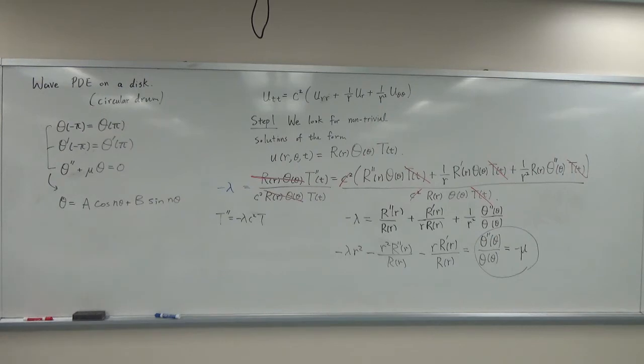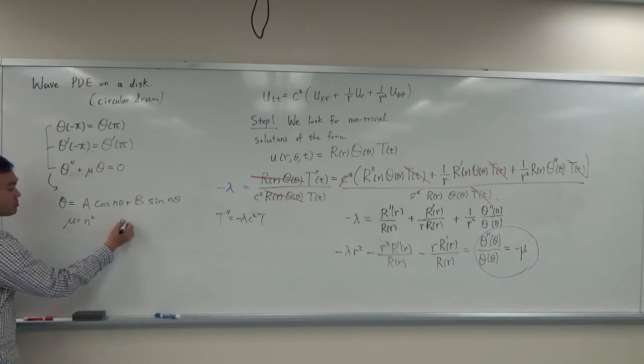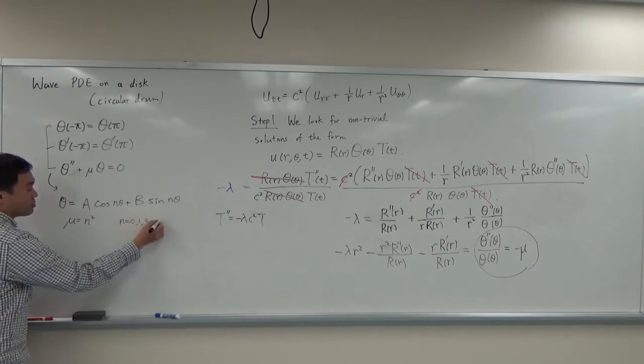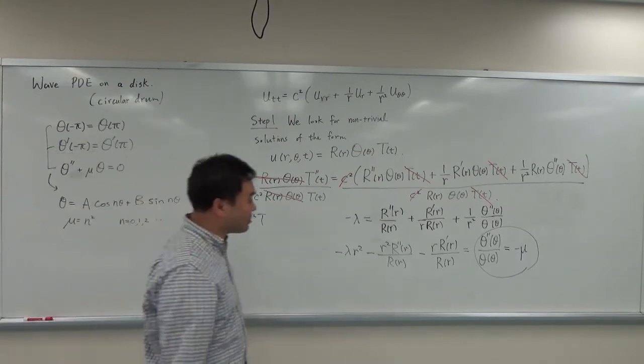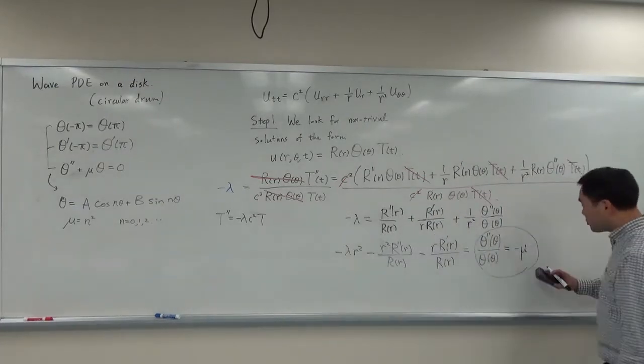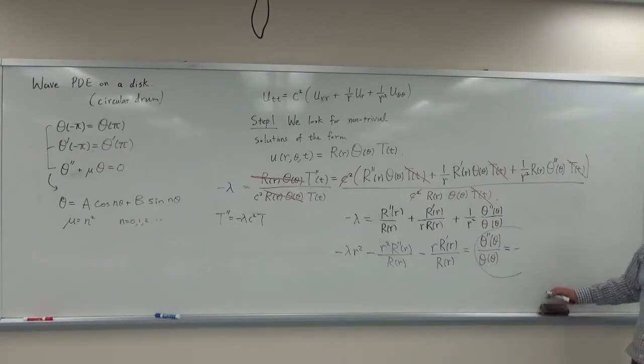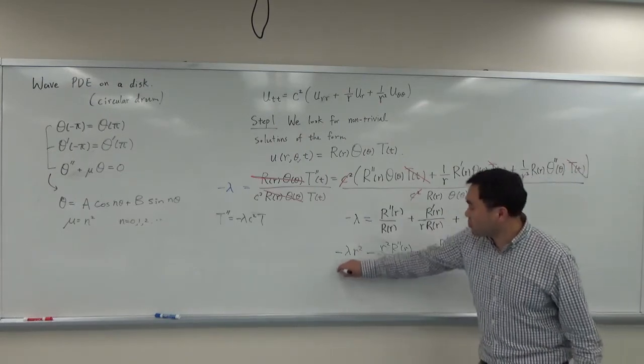So that's the solution with mu now being n squared, with n from 0, 1, 2, 3. So is that good? Right, it's the same exact thing as the Laplace one. So that actually tells us something nice. We go back and replace this mu by negative n squared, and then see what we get for this part.